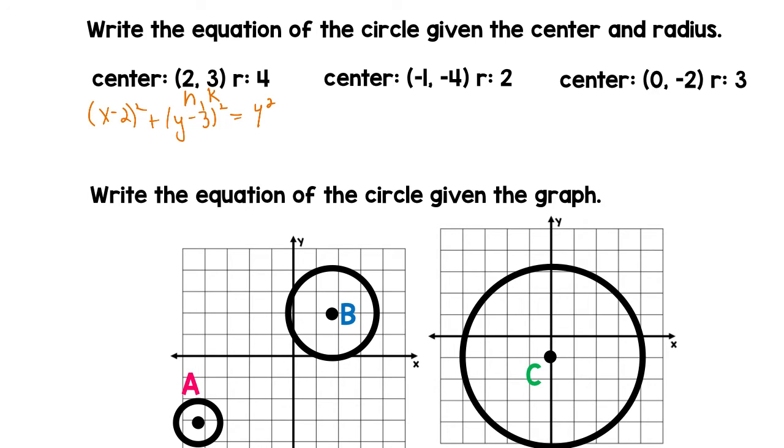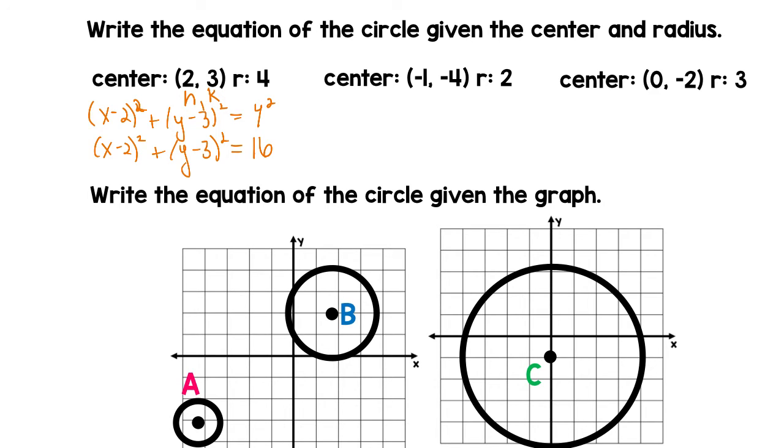Now you might be thinking to yourself, Mrs. Boyd, now I got to reach way back into my brains and remember how to do x minus 2 in parentheses squared. No, you don't, because this is standard form for the equation of a circle. We leave x minus 2 in parentheses and square it. We leave y minus 3 in parentheses and square it. The only thing we square is the radius, 16.